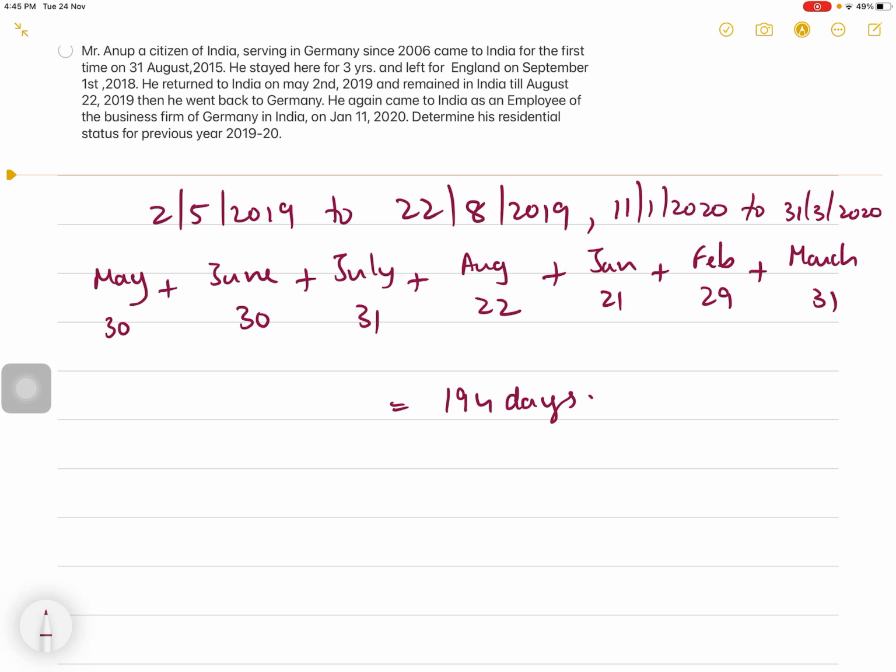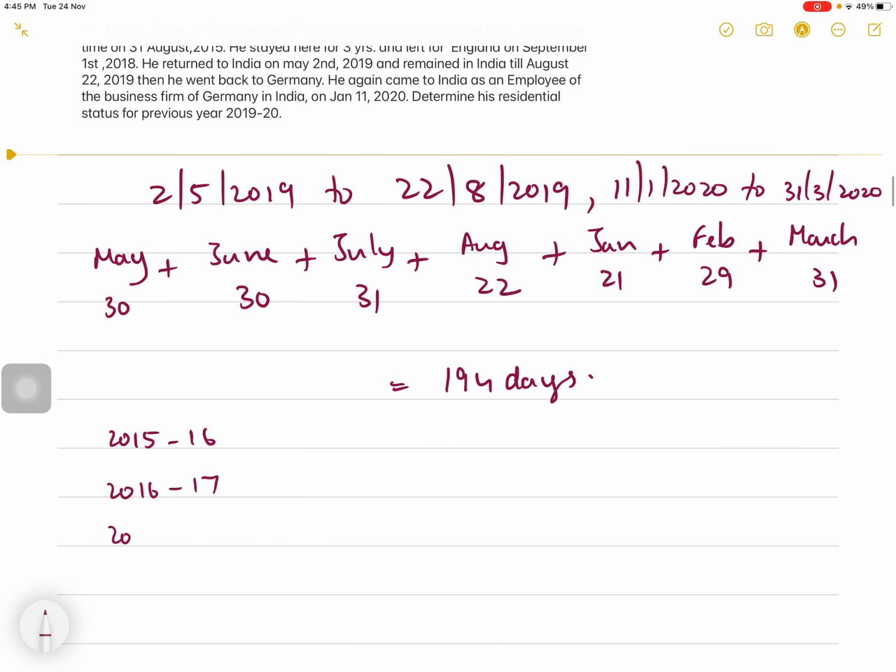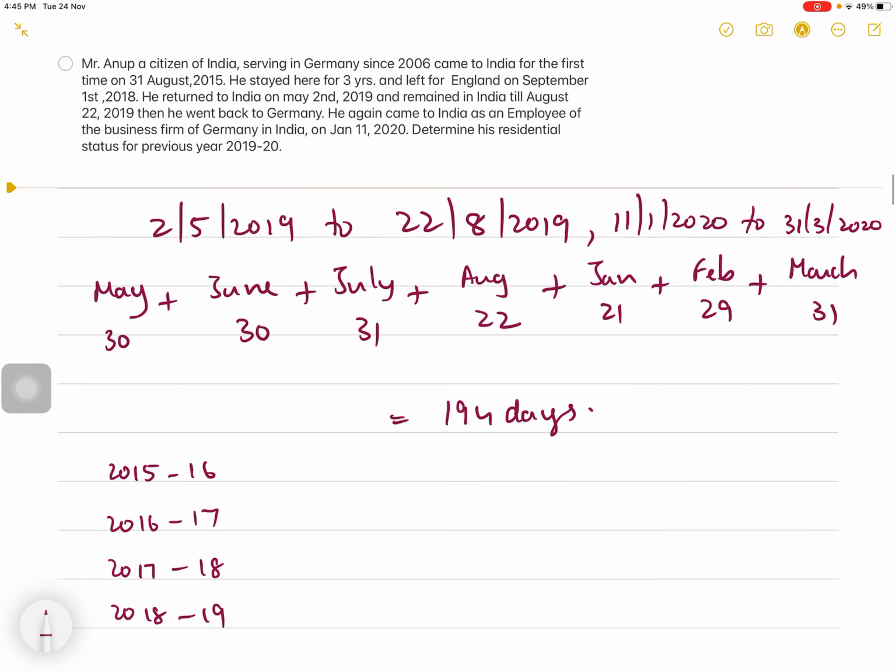Okay. So 2015-16, 2016-17, 2017-18, 2018-19, right? So these are the 4 years preceding the previous year. You don't actually need 4 years, you need 10 years and 7 years.